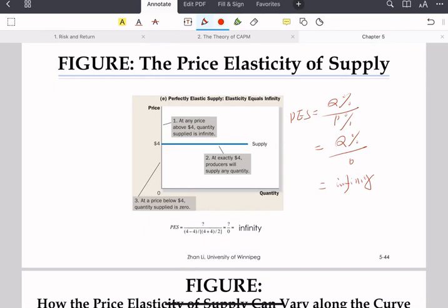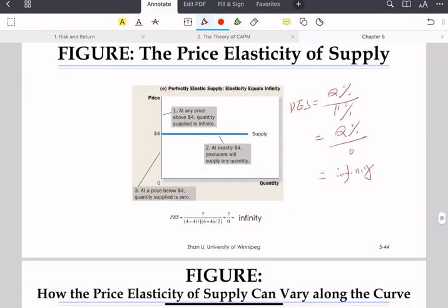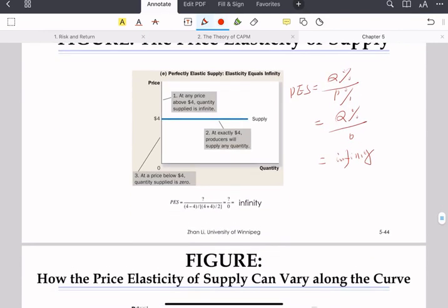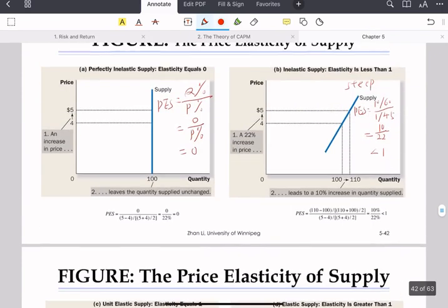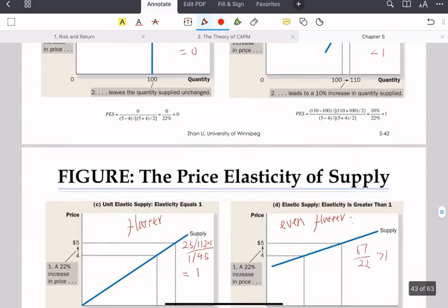It's infinitely large, right? So what's the lesson here? The conclusion is, generally, a flatter supply curve is more elastic. So this is very similar to what we have learned about the demand curve. In the case of the demand curve, we know that a flatter demand curve is more elastic.